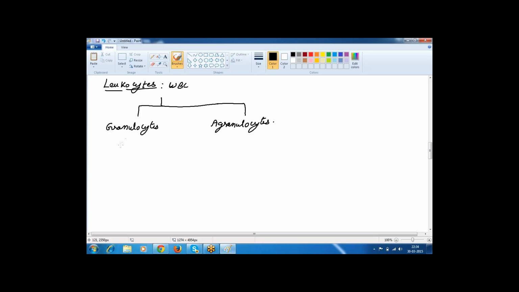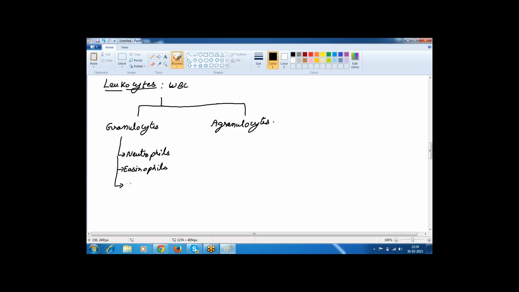Granulocytes are neutrophils, eosinophils, and basophils.